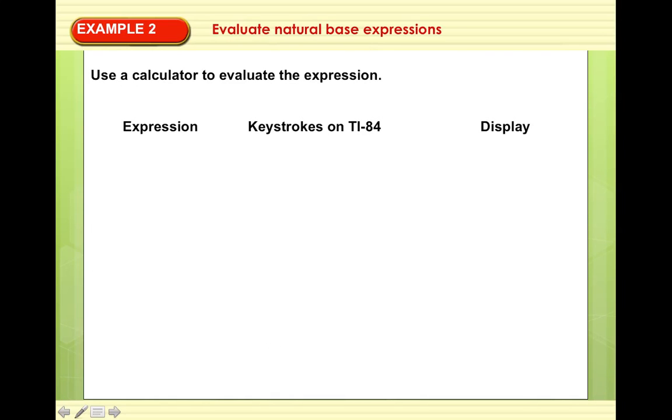Now in this next part, I'm going to show you the keystrokes to use for different expressions on a TI-84. If you have access to a TI-84 at this moment, pause your video for a second, go get it, and follow along as we go through the expressions.